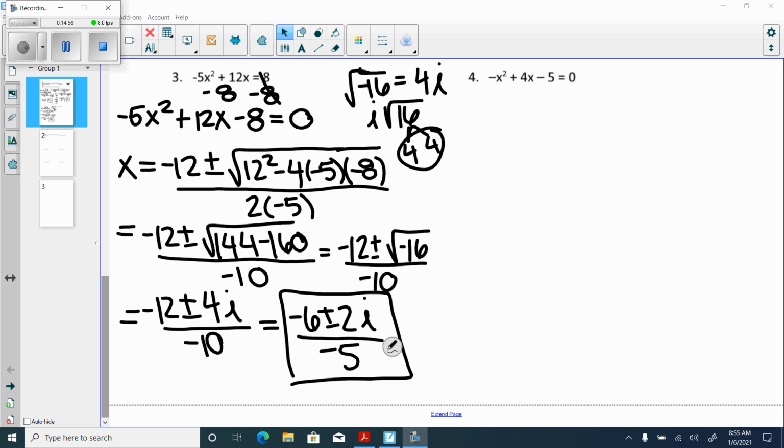So first thing we need to do is plug everything in. So what did we have when we plugged everything into our equation? What did we start with?